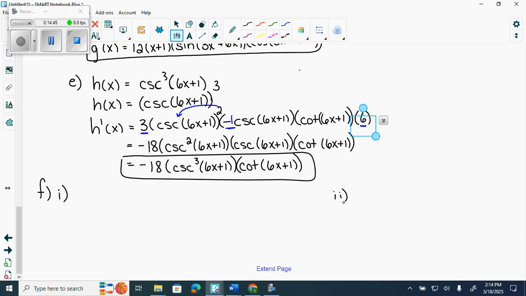So I'm going to show you the first one: y equals sine x tan x. The second one is y equals sine tan x.